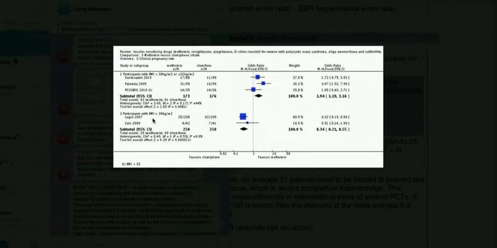Similarly, in the other studies where they found that the participants had a BMI of more than 30, they found 2 studies. These are the results of those studies, and the weight of this one study is so big, almost 90%, and the other one is only about 10%. You see the diamond in the upper one is falling on the right side and the diamond in the lower one is falling on the left side, because most of the studies in the upper one are falling on the right side.